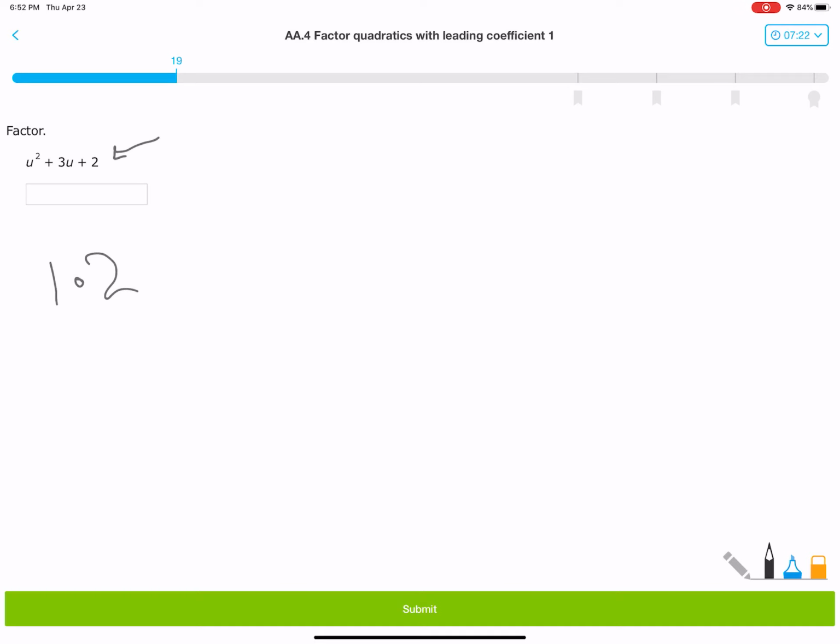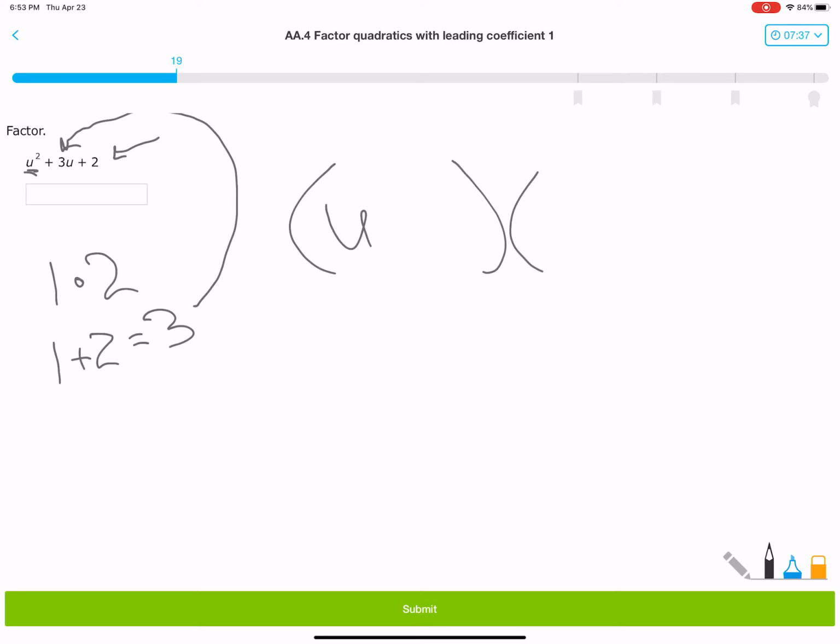That works out just right because I know that 1 plus 2 is 3, which is that middle term I'm aiming for. I have the regular u squared, so I know it's just going to be u and u, plus 1, plus 2.